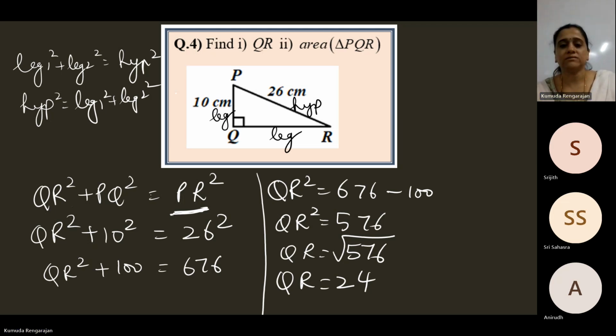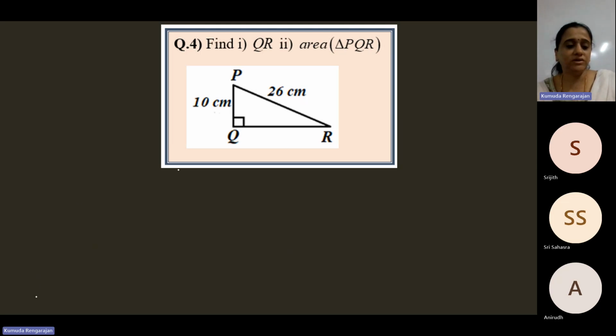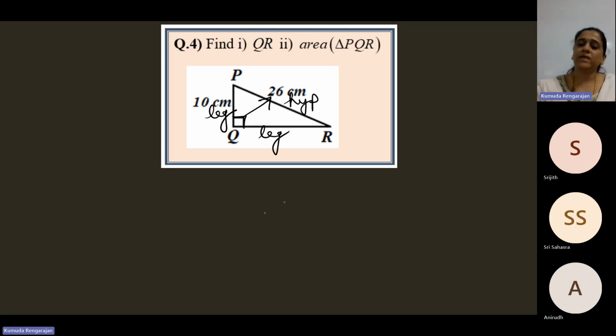No, I haven't finished, please wait. This is the right angle. So the side opposite to the right angle is called the hypotenuse. The other two sides are called the legs of the right triangle. So Pythagoras theorem goes like this: hypotenuse squared is equal to leg 1 squared plus leg 2 squared, or leg squared plus leg squared is equal to hypotenuse squared.